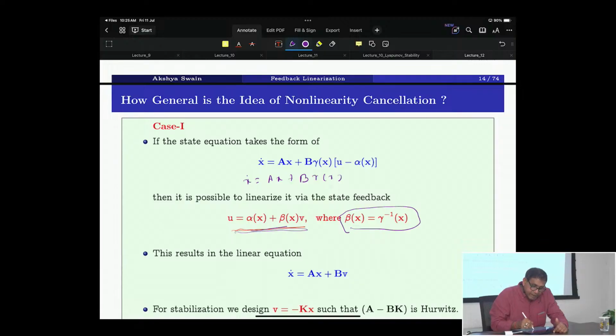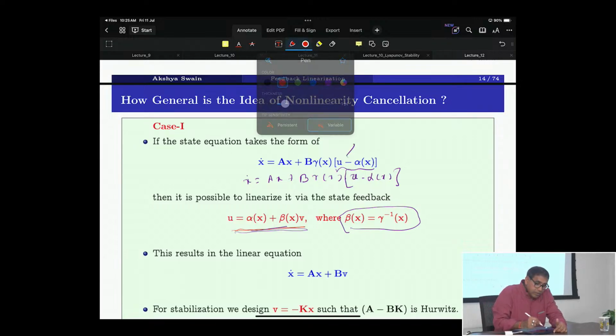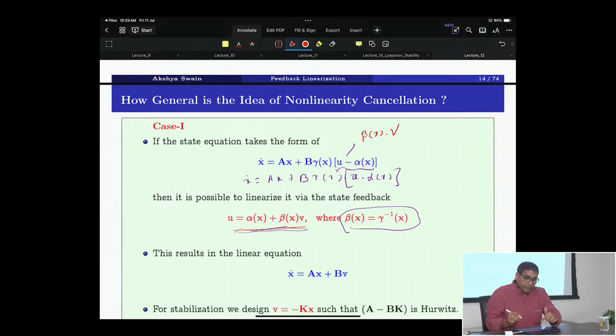Gamma x into u minus alpha x. Now u minus alpha x is equal to beta x v.